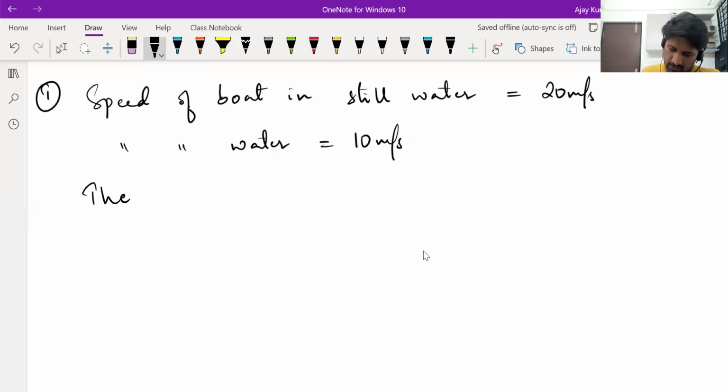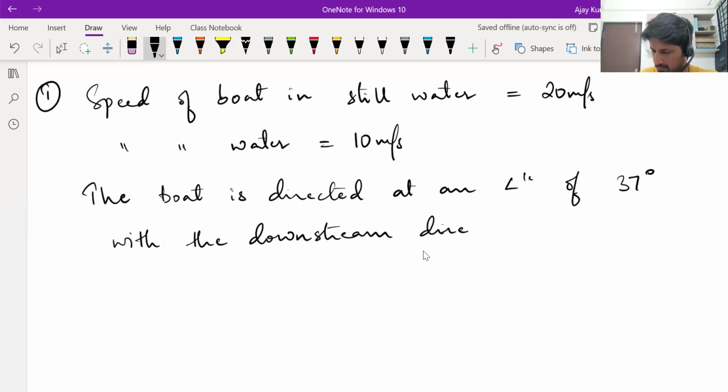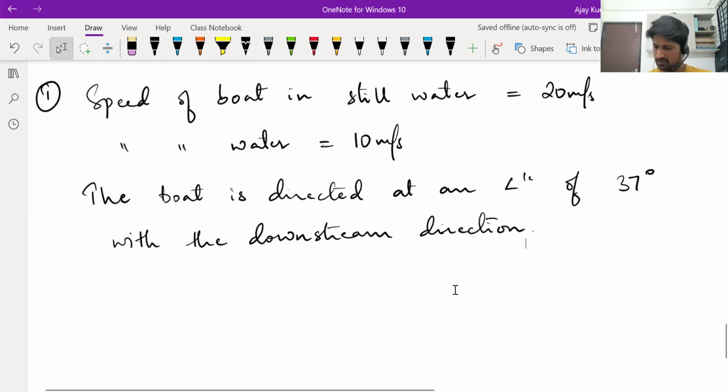The boat is directed at an angle of 37 degrees with the downstream direction.